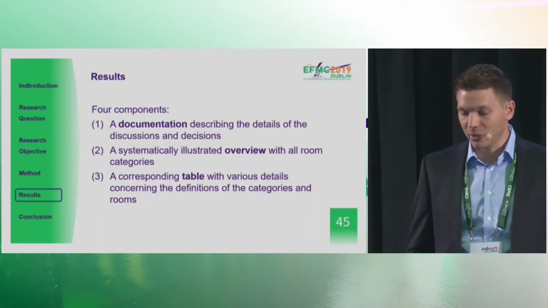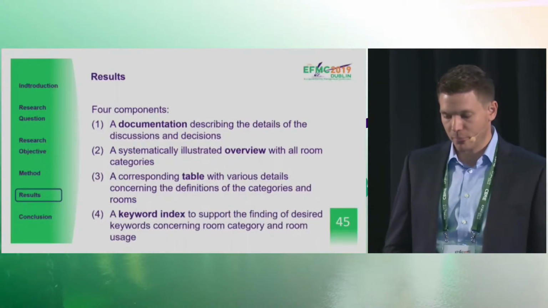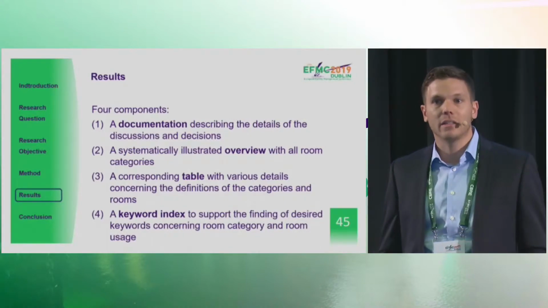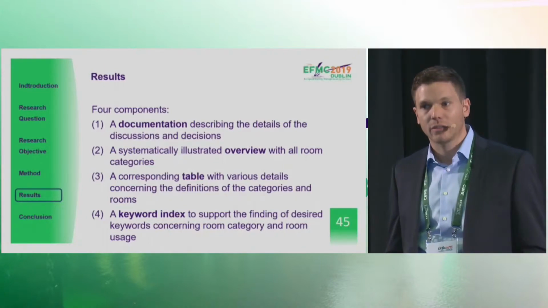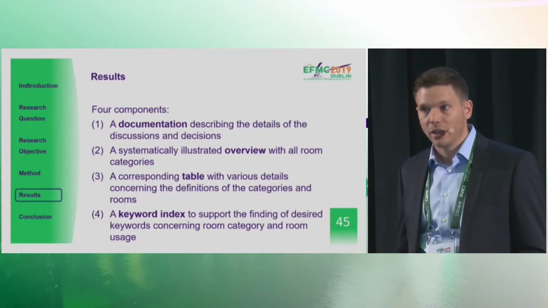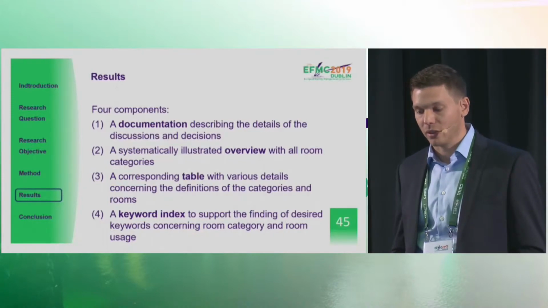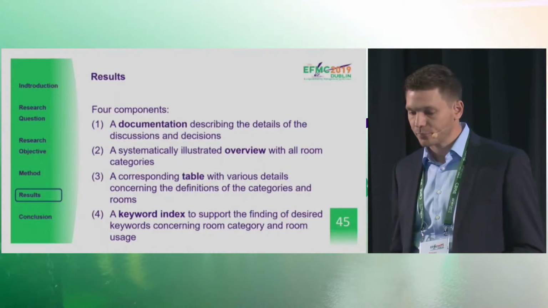Also, to this table, I will say a little bit more in a minute. As a fourth part, we also created a keyword index to make it more user-friendly so that in the organizations, people actually can work with it much easier.